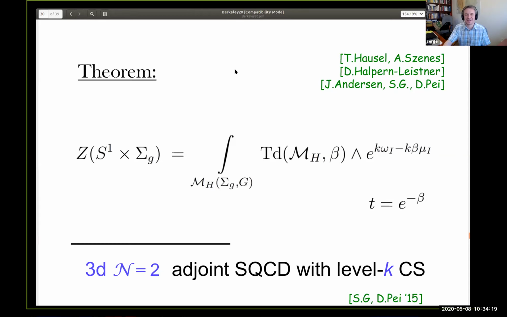I should mention that rigorous proofs came shortly after by Daniel Halpern-Leistner and by Tamás and András Szenes. I don't know if this is published actually. They told me that they have a proof of this using residues, which is one of their favorite techniques.